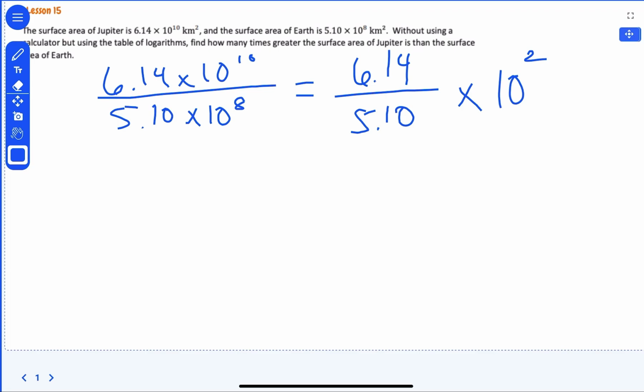Now, from there, how are we going to come up with using the logs, not using a calculator though, how we're going to find out how many times greater the surface area is? What would we do?